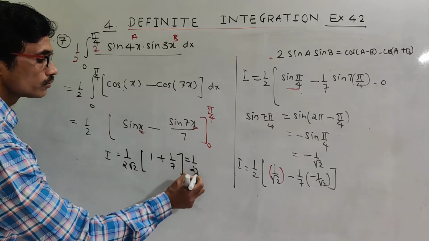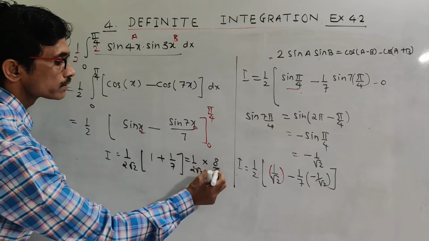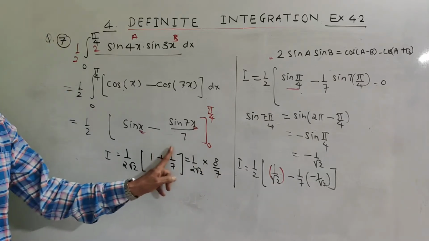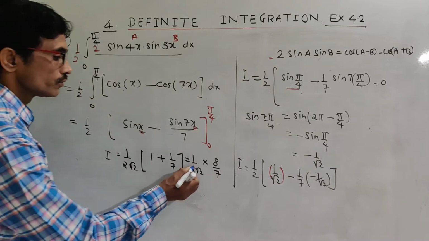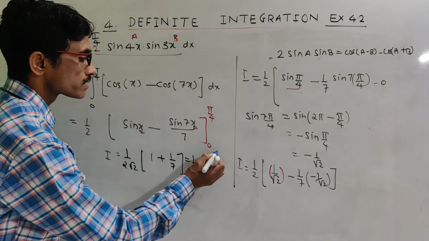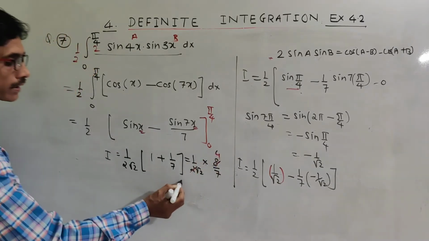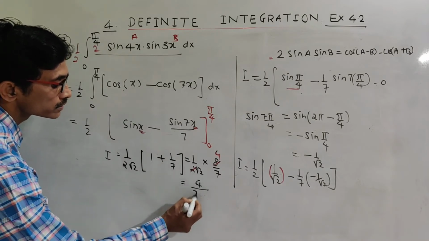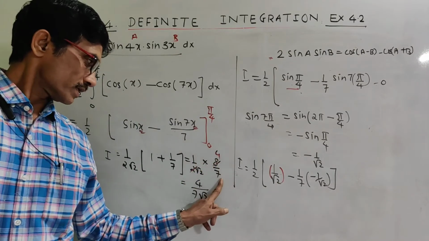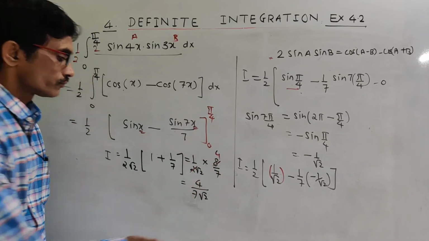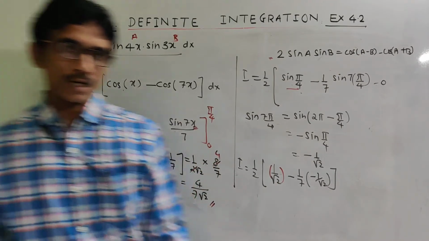So 1 upon 2 root 2 into 8 by 7. This is 8 by 7 and this is 2 root 2, so that this 2 will be getting cancelled. It is 4. So that is equal to 4 upon 7 root 2. So 4 upon 7 root 2 is the answer.